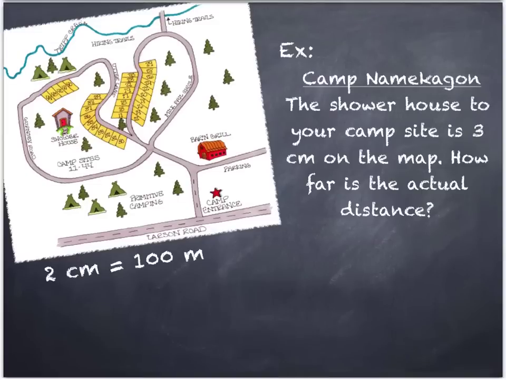Our example says that this is the map of Camp Namekagon. The shower house to your campsite is 3 centimeters on the map. How far is the actual distance? In order to solve with scale drawings, you have to make a proportion.